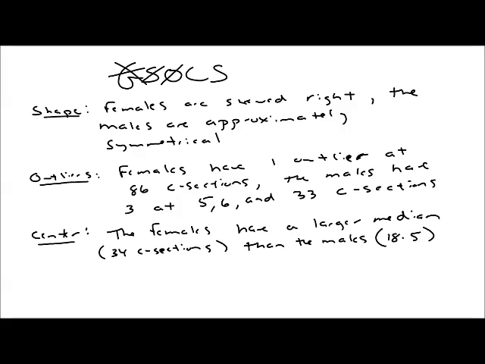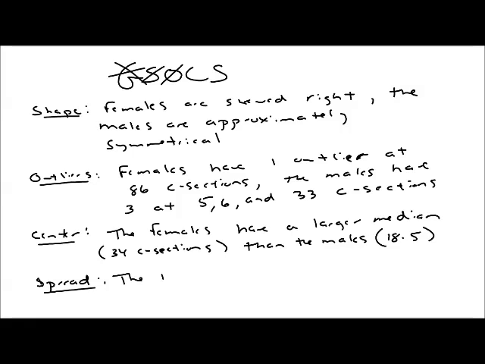And what goes with median? And that's IQR. So who has the bigger interquartile range? Well, the females have 23 and the males have 6.